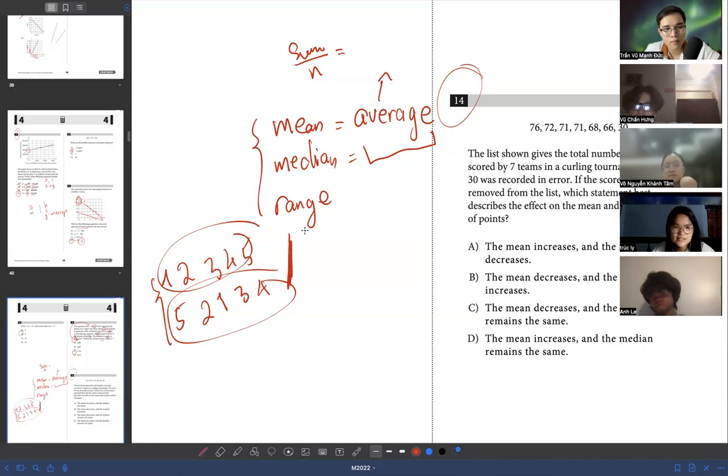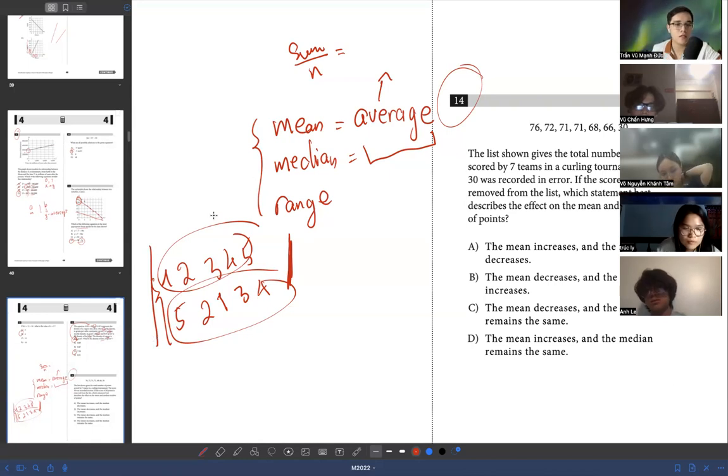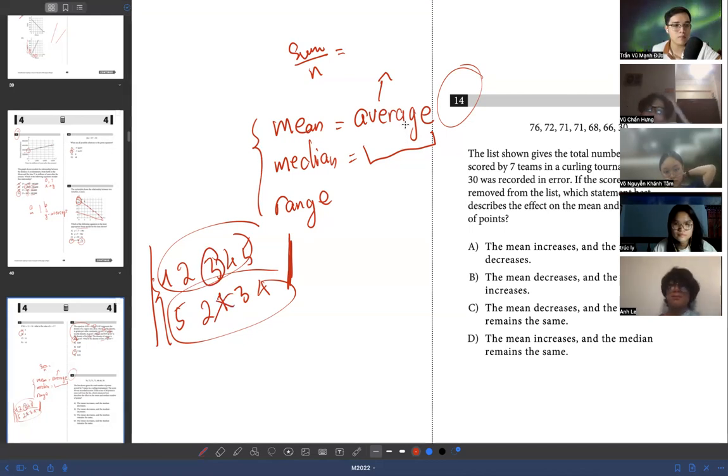The median is different. What is the median in this case? It is 3. Exactly. It's 3. It's not 1 because the median is the middle number of a sorted list. Sorted. This is very important because this can trick you.